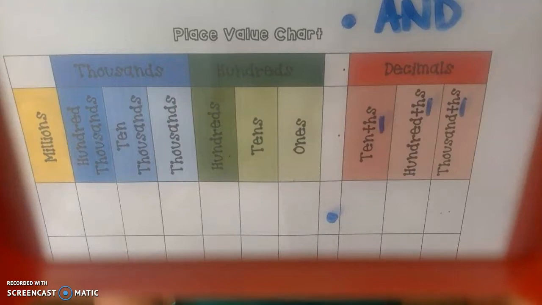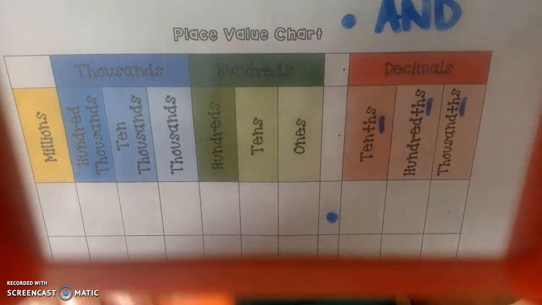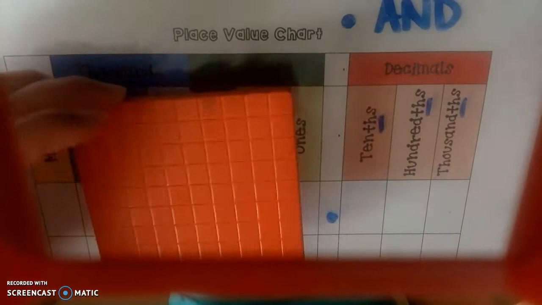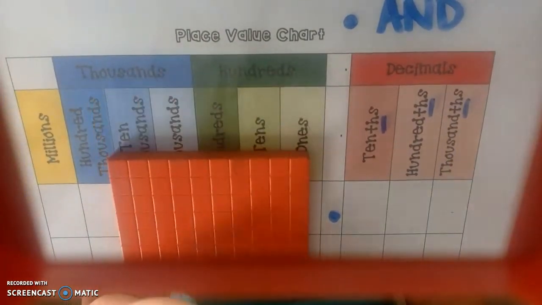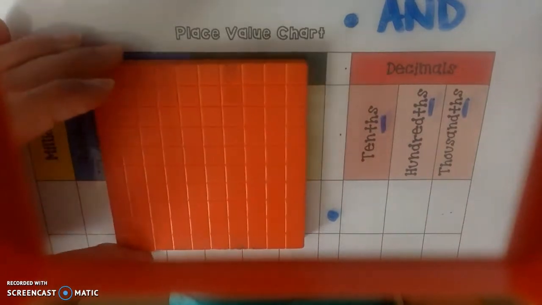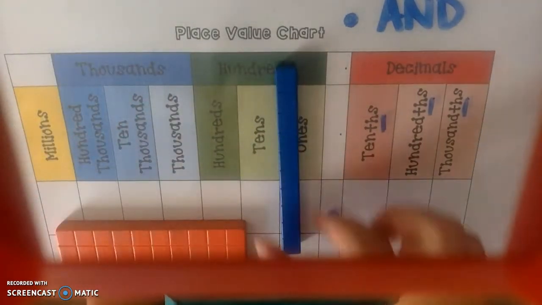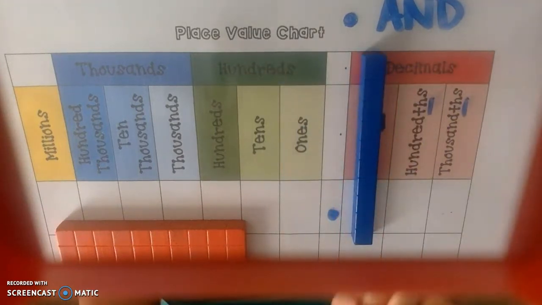We'll be using our place value cubes to kind of go over this. So place value cubes, you guys are familiar with these. You're familiar with this one as 100, right? This represents 100. Well, today it's going to represent 1 whole. Where this normally represents 10, this is going to represent our tenths.